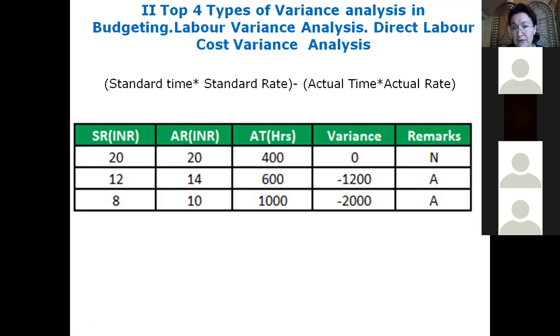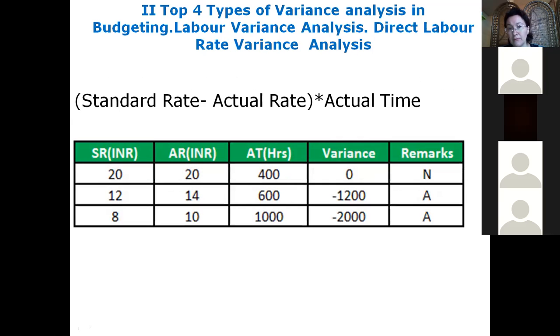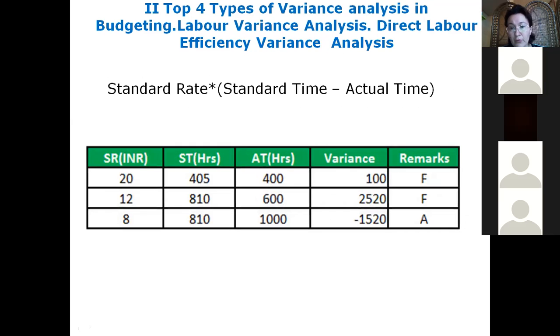And we can see that these variances are adverse, unfavorable. So we have got unfavorable results. Then, using our example, we can identify direct labor efficiency variance. We should use the following logic.